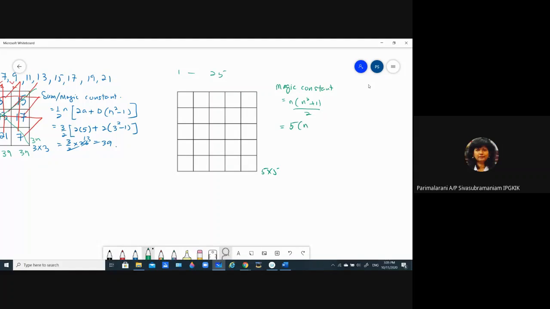Yes, 5 times 5 squared plus 1, divided by 2. Okay, so this will give me 5 times 25 plus 1 is 26. 13 times 5. What is 13 times 5? 65. Okay, so that means the total here must be 65.